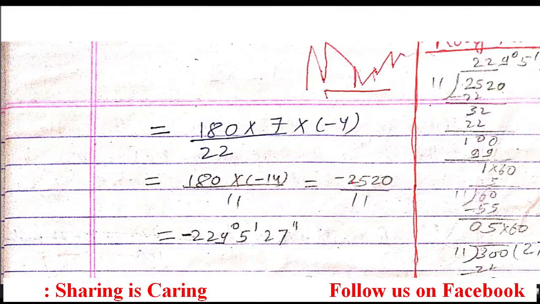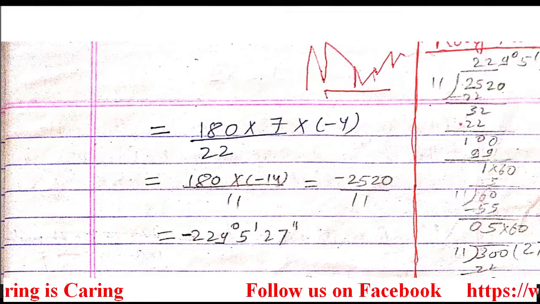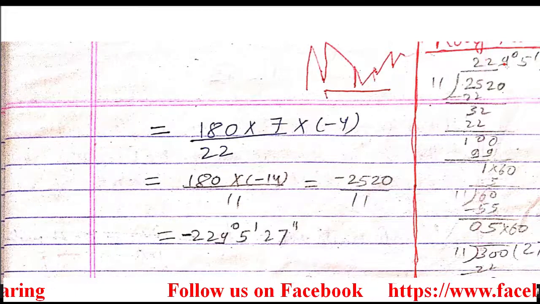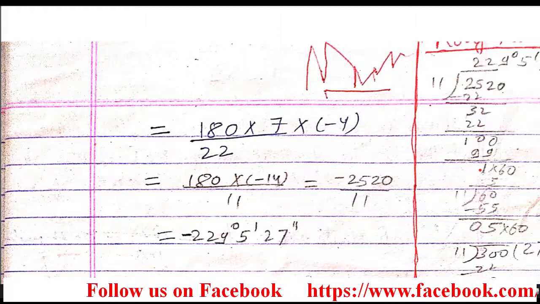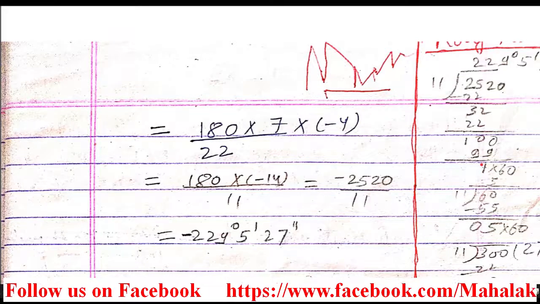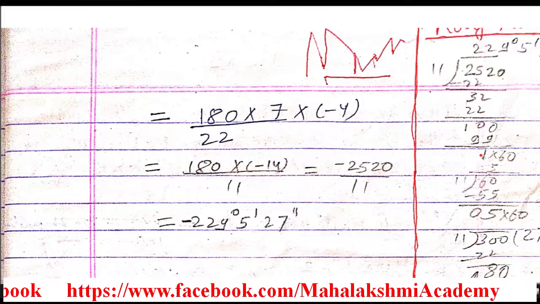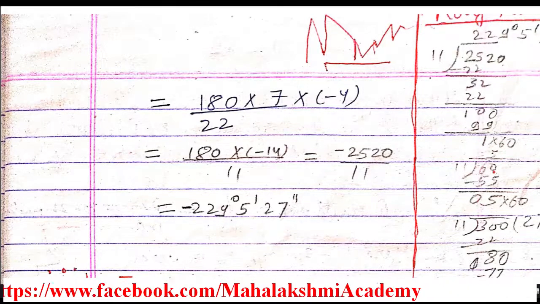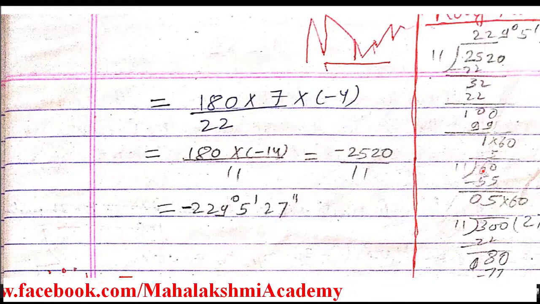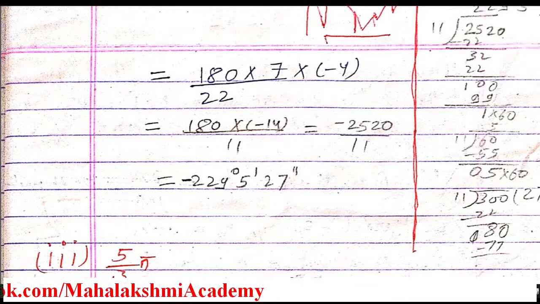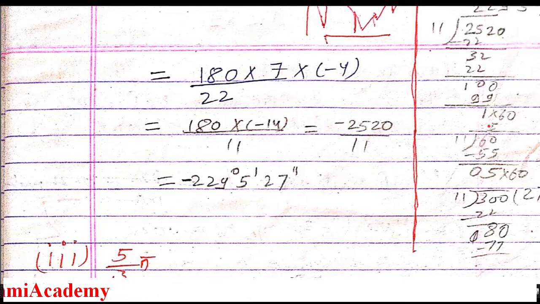First I divided this 2520 by 11, so I obtained 229 degree and I was left with 1. Since this 1 is in degree, the next unit is going to be the minute, so multiply it by 60, so it's going to be 60, then divided by 11, that will give you 11 5s are 55, so this 5 is in minute.